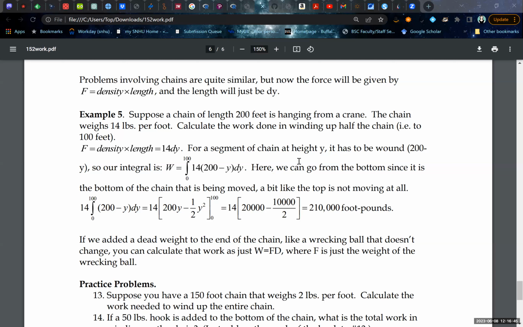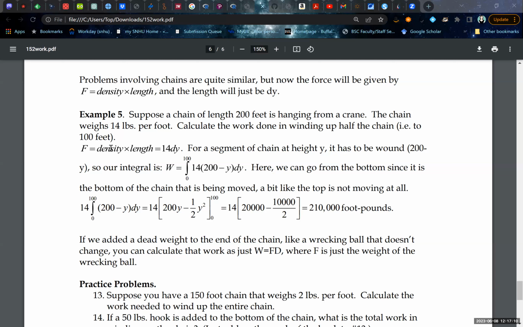Now, if you reverse this, if you set 0 to be at the top and 200 to be at the bottom, then your formula would become just y, which is easier to integrate, but mathematically, I like to think of 0 at the bottom and 200 as a positive value. So that's the way I've set this up.